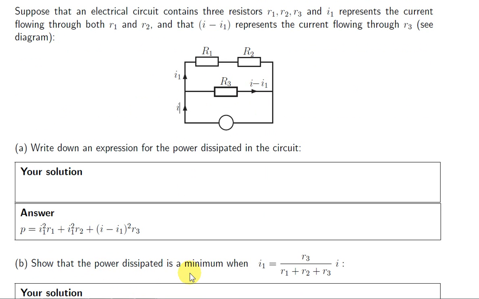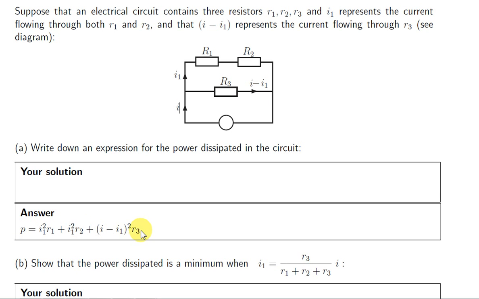Now we want to show that the power dissipated is a minimum when I1 is given by this here. So remember, I, R1, R2 and R3 are given, so they're just constants really, and we have to get I1 in terms of those constants, such that P is minimized.